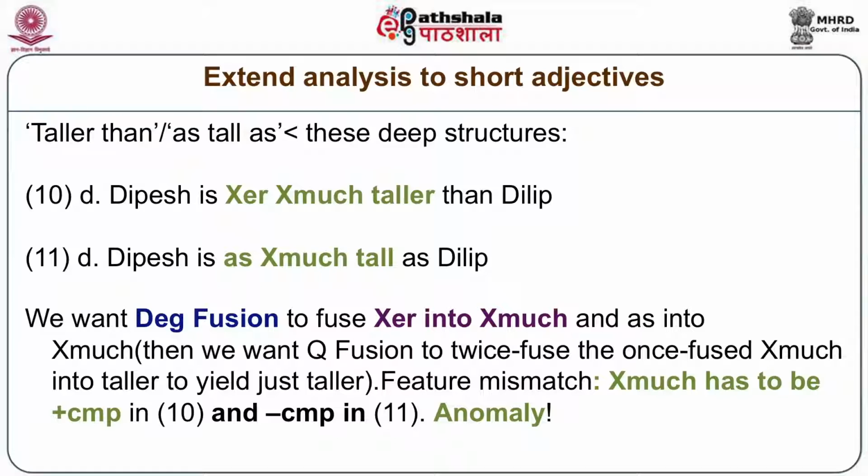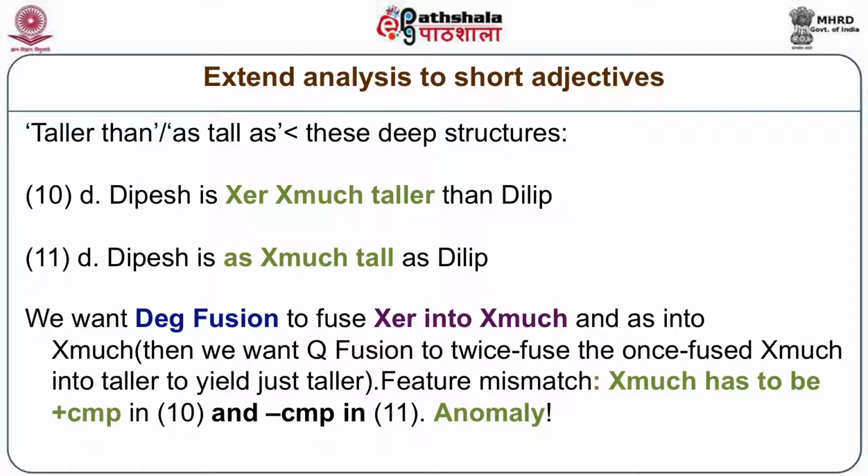So now the deep structure of Dipesh is more perceptive than Dilip comes out as Dipesh is X degree word, more quantifier word, perceptive adjective than Dilip. And Dipesh is as perceptive as Dilip now has the deep structure Dipesh is as degree word, X much quantifier word, perceptive adjective as Dilip.